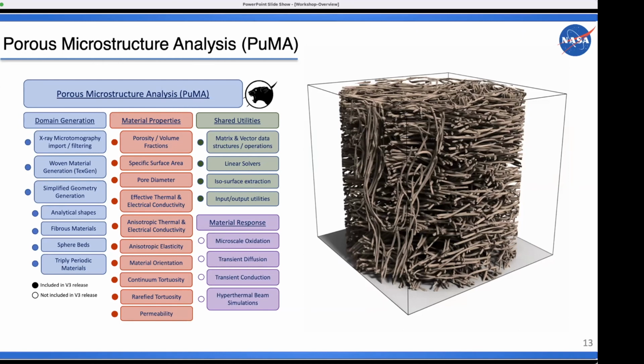Also anisotropic elasticity. An important aspect anytime you're doing anisotropic simulations, and I should just quickly mention what I mean by an anisotropic simulation. So if you look at this material here on the right, you can see that this is a fibrous material. And because of that, the material properties in the direction of the fiber tend to be different, so parallel versus perpendicular to the fibers have different properties.